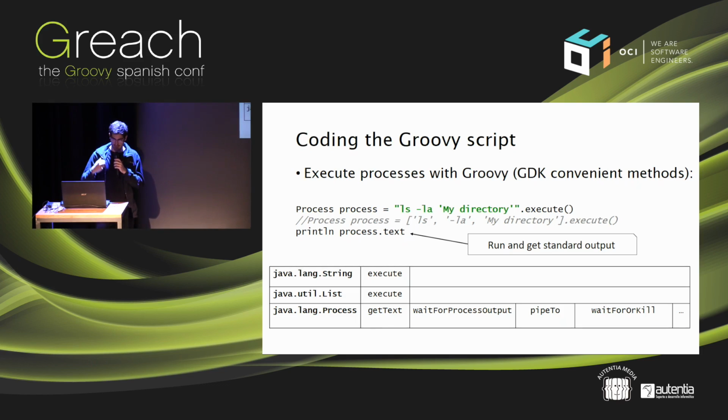We get a process handler that lets us manipulate the process, like get its standard output, get the output that the process writes to standard error, or pipe the standard output of the process to another process. We can take control of the process that we want to execute.